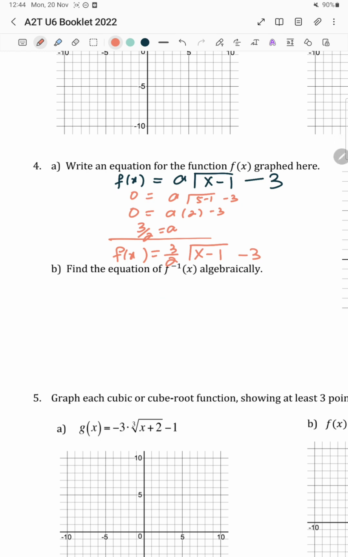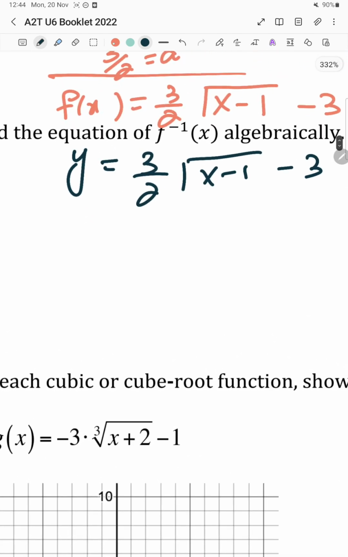We need to find the equation of f inverse of x algebraically. So we can write it y is equal to 3 by 2 square root of x minus 1, minus 3. And we can do it like this. We need to switch x and y.